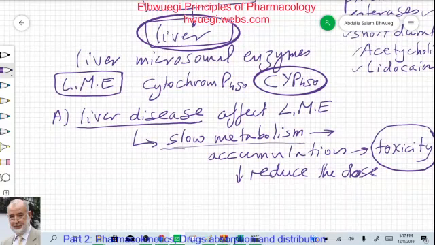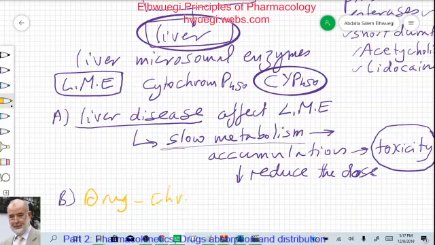The second thing we should remember about the liver microsomal enzymes is chronic administration of the drug. Suppose I take the drug for a long period of time, repeatedly. What will happen?